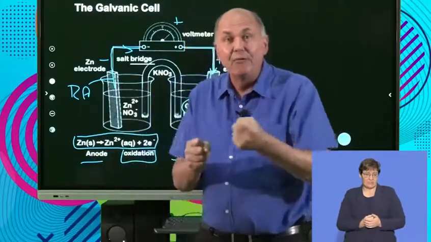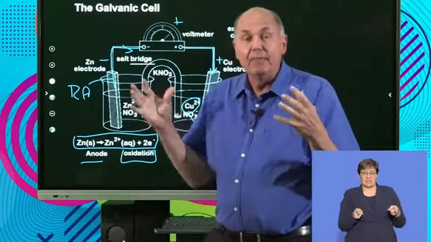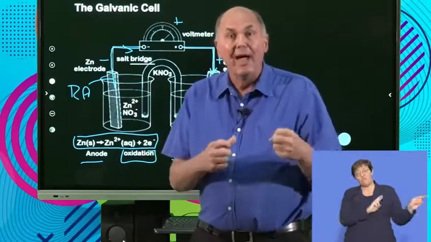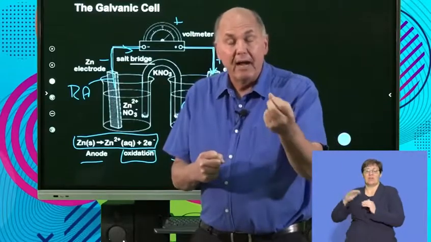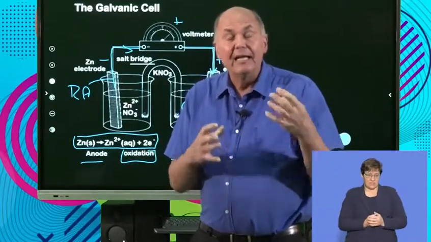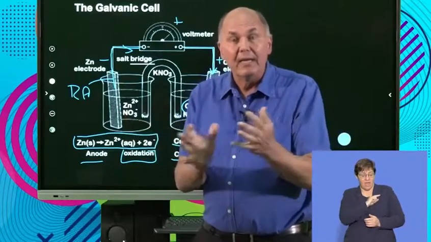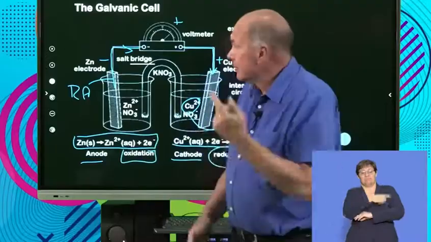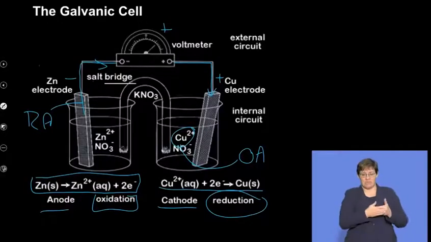And it's the difference between the ability of these half cells to react, or their reduction potential, that is the reason why, when we connect them together, we've got this reading on the voltmeter. So let's explore that in a little bit more detail.